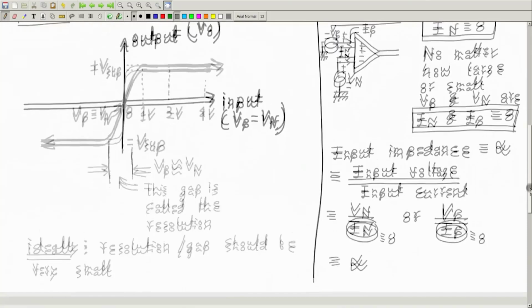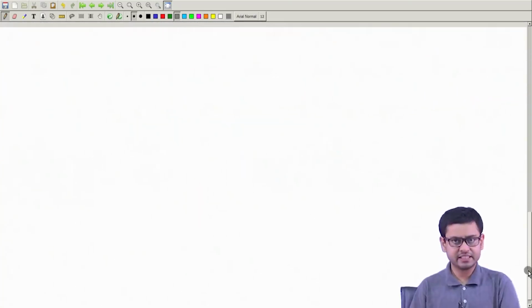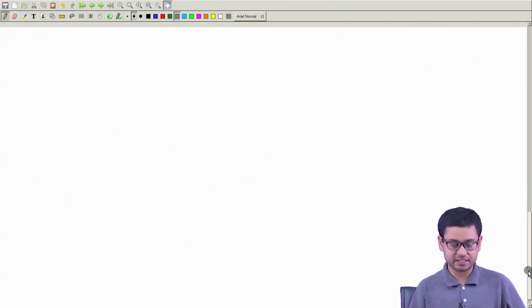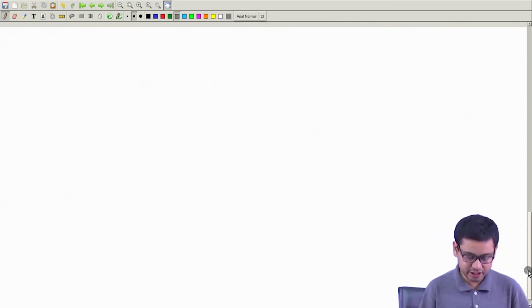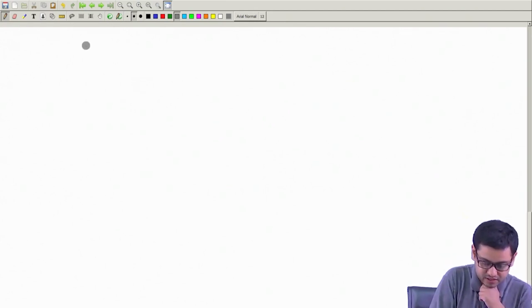So these are the two important rules, and I have already said that with these two rules you can do almost anything you want with ideal op amps. Any op amp based circuit you can analyze with just these two rules.